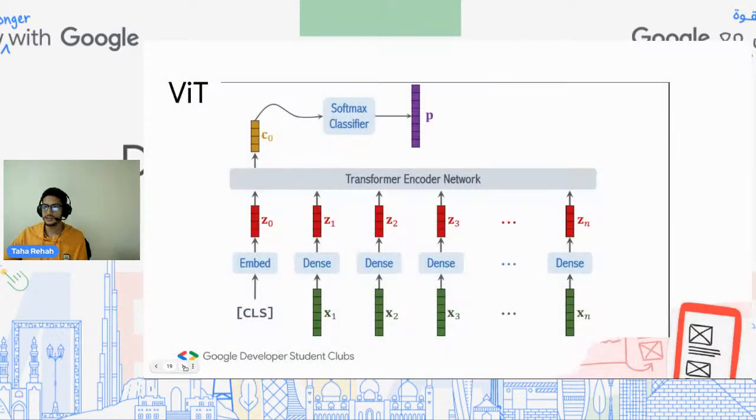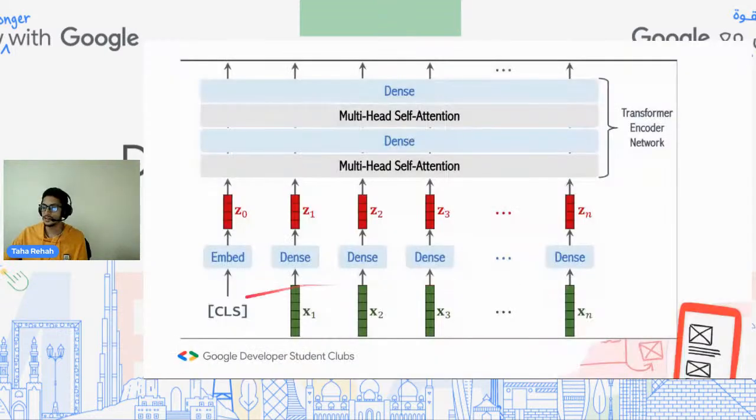So yeah, that's the final model that we are going to build. We are going to build the patch encoder, the dense layer, then another positional encoder, then add a multi-head self-attention, after it a dense layer, and keep repeating as many layers as we want, as many blocks as we want, to form something called the transformer encoder network.